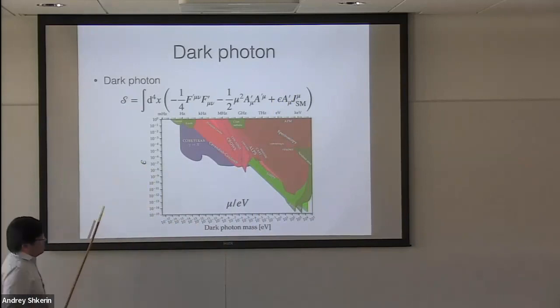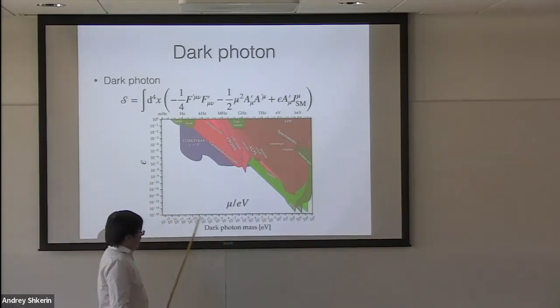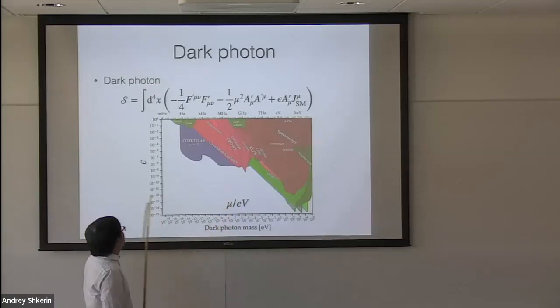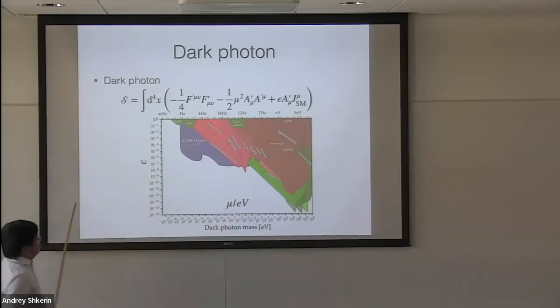So this is the parameter space of the dark photon. On the x-axis you have the dark photon mass mu in eV, and on the y-axis you have the epsilon parameter. Here I summarized basically all the experimental limits coming from all kinds of different searches for this dark photon field.